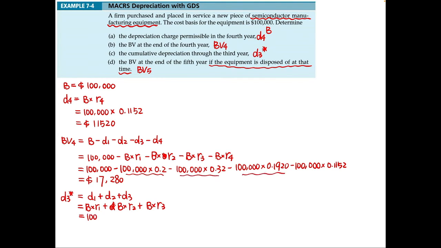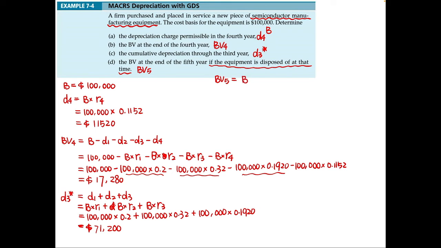So you just copy that over here without the negative sign. And that is 71,200.